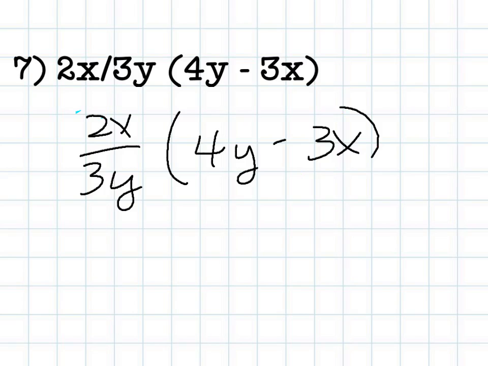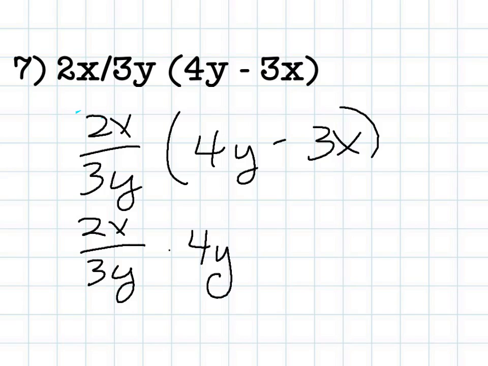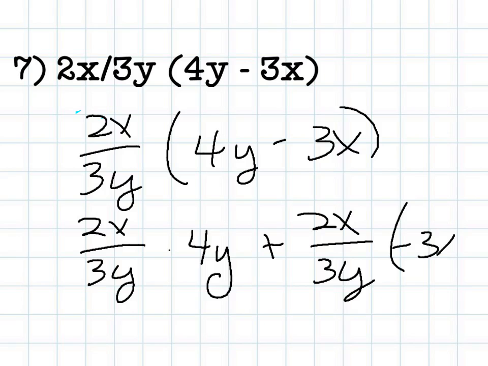So we're going to end up writing 2x over 3y times 4y plus 2x over 3y times negative 3x. So all we've done here is take what's inside and brought it down to the fraction that's on the outside.